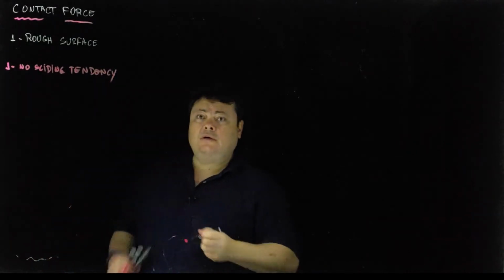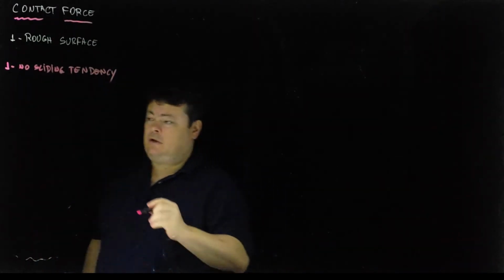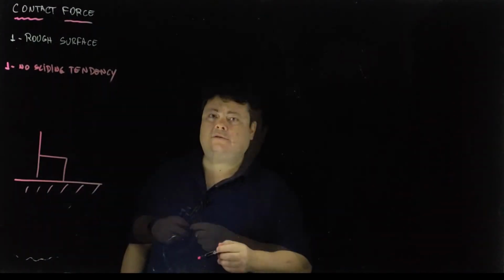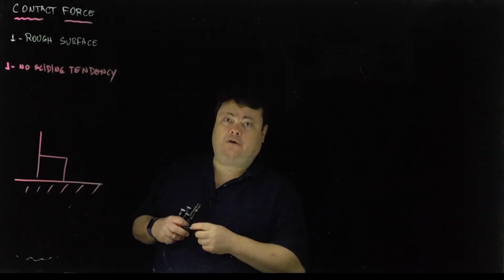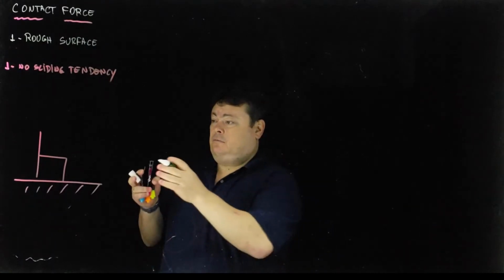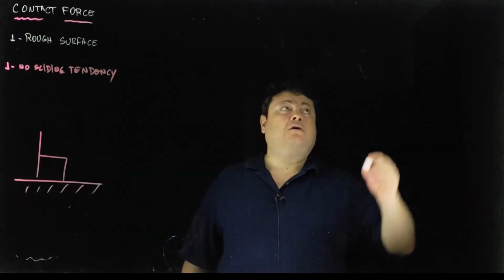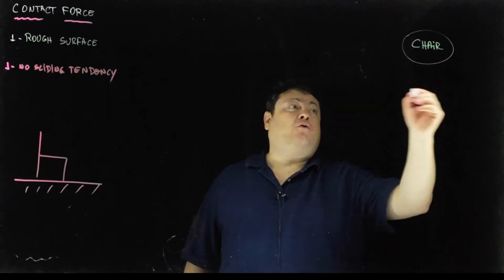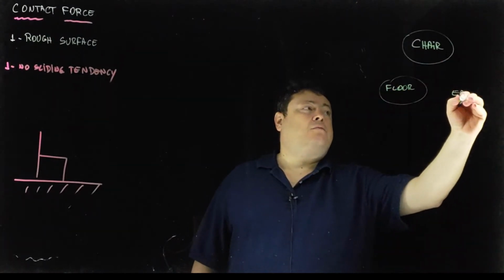So let's consider that we have the floor, and a chair placed on that floor. The system schema for this system is my major object, the chair, the floor, and the earth.